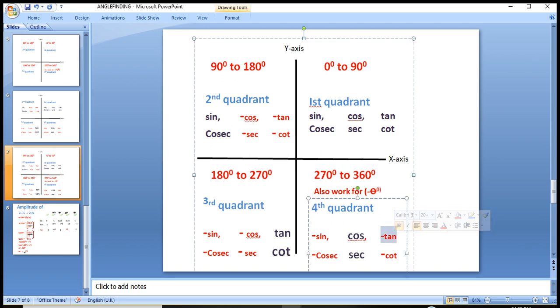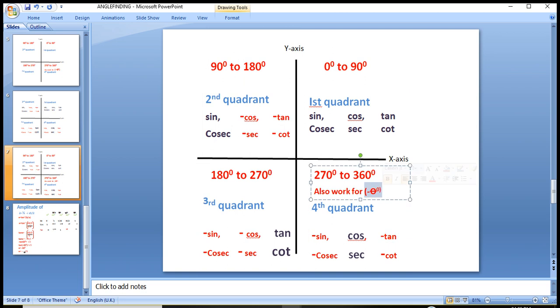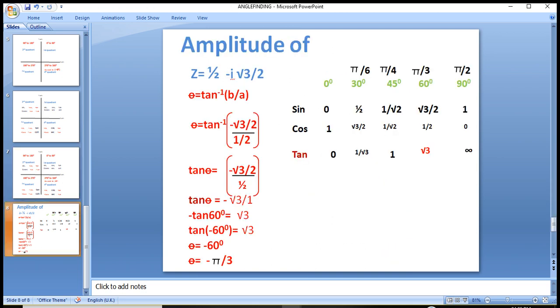Because it comes in the fourth quadrant. You have seen your value is minus tan 60 degrees, and you know in quadrants your minus tan is in the fourth area and your minus tan is in the second area. Okay.